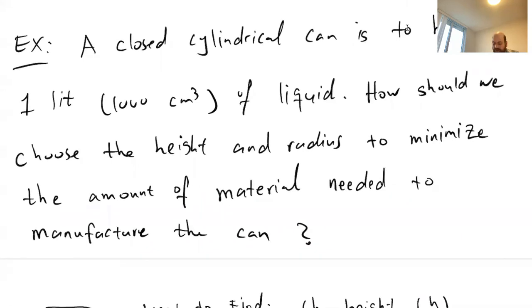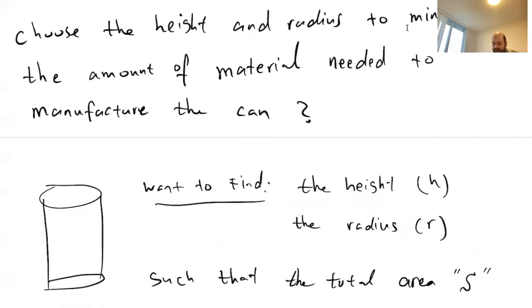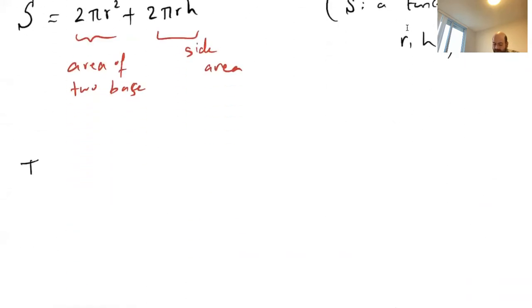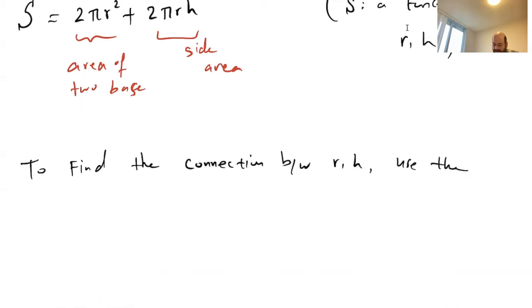It's supposed to have 1 liter or 1000 cubic centimeters of liquid. So to find the connection between r and h, use the fact that the volume is fixed.